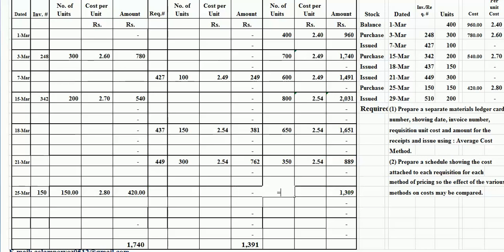Now the total units. Now students, the rate is total cost divided by number of units, 2.62 here. Again a new rate is available.